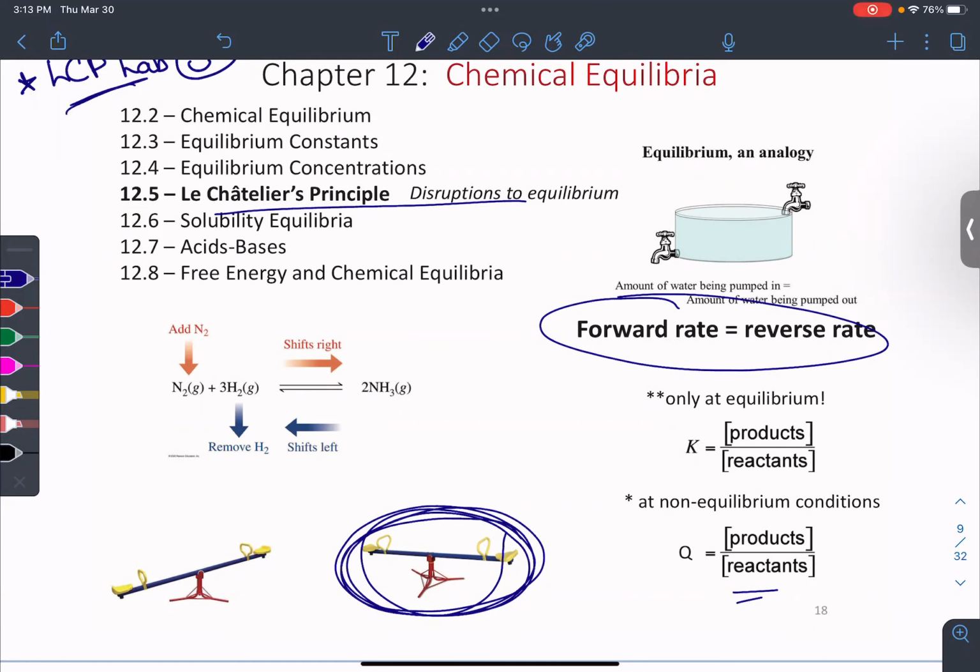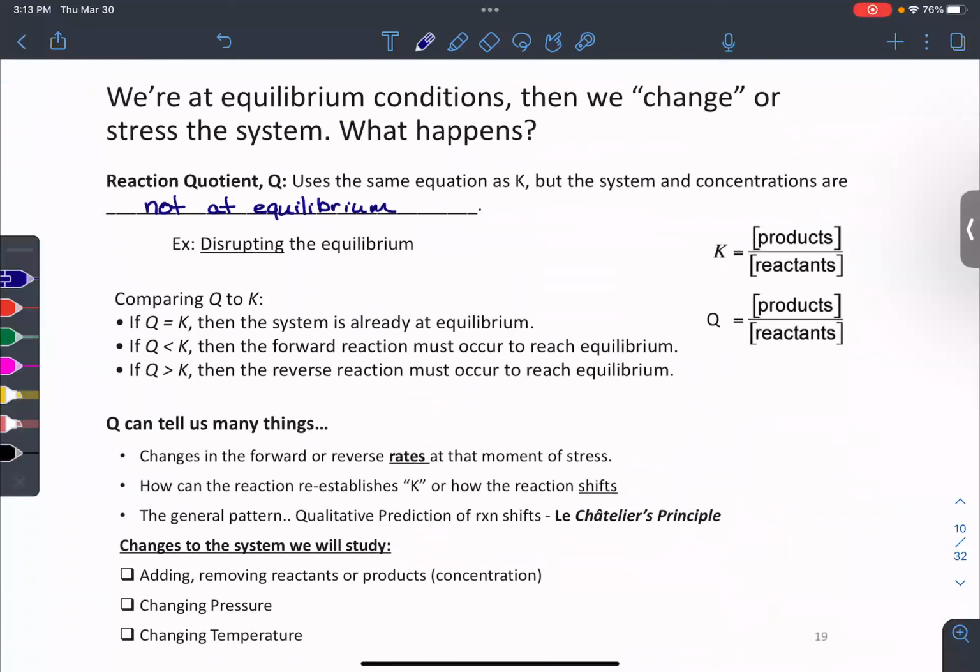Pretend we're at equilibrium conditions, where the concentrations give K. What happens when we add some junk to our chemical equilibria? We disrupt K. If we have new concentrations that are not at equilibrium, we call that Q, the reaction quotient.